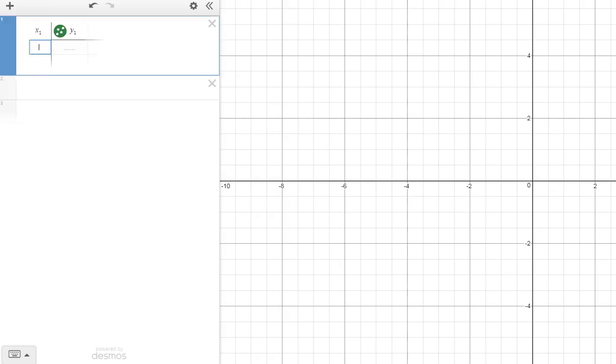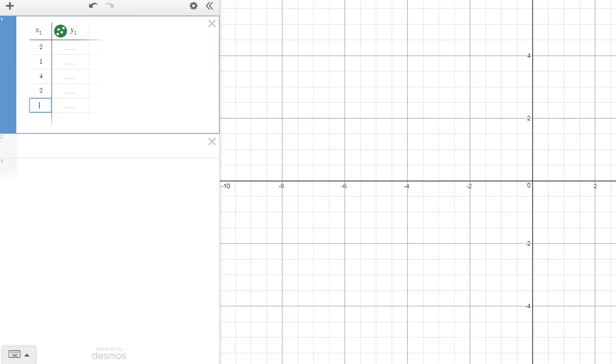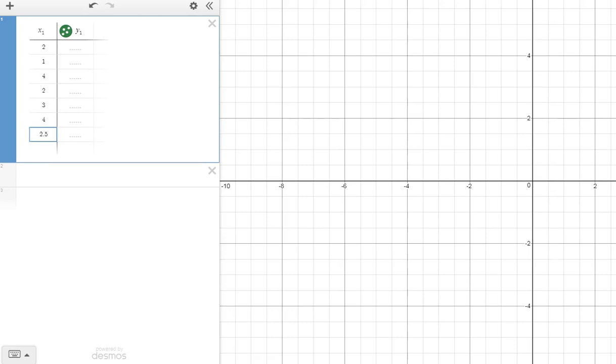I'm going to start entering my X values. My X values were 2, 1, 4, 2, 3, 4, 2.5, 3, 3.5, and 1.5.